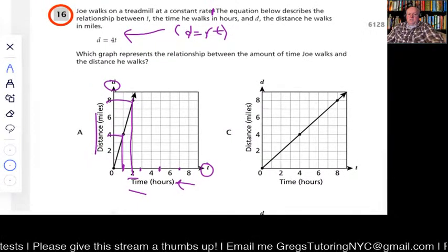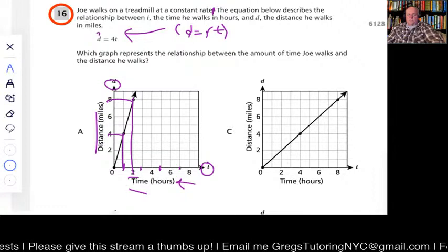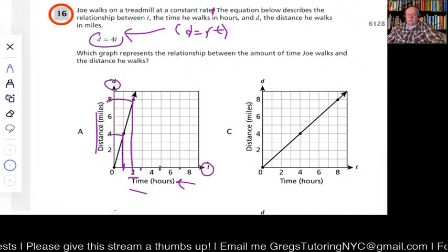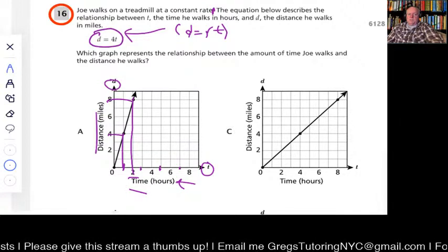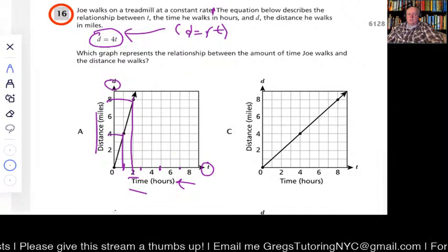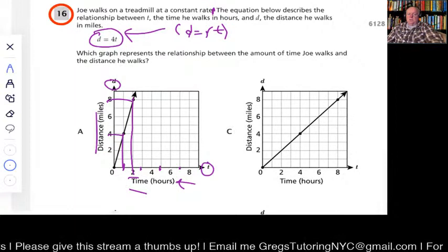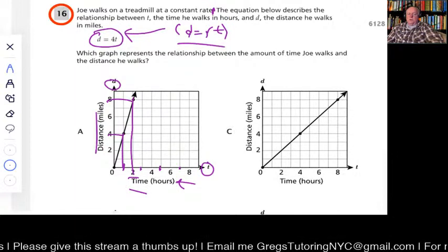So in addition to that, they've also given us what we already talked about, the D equals 4T. So which graph represents the relationship between the amount of time Joe walks and the distance he walks? So this is no longer just D equals RT, it's D equals 4T.